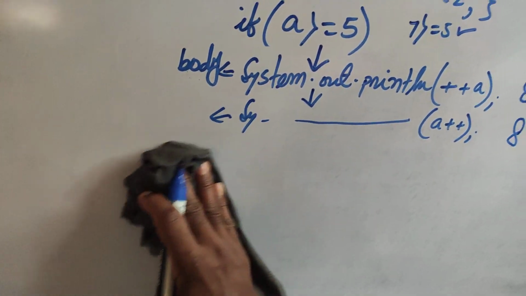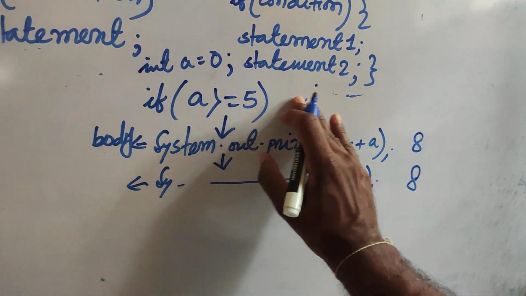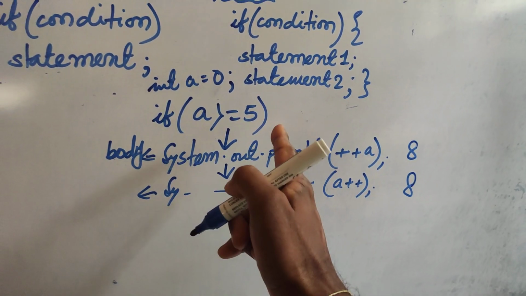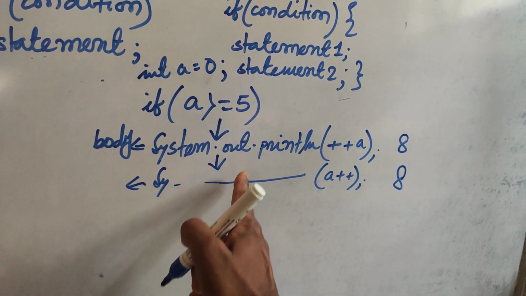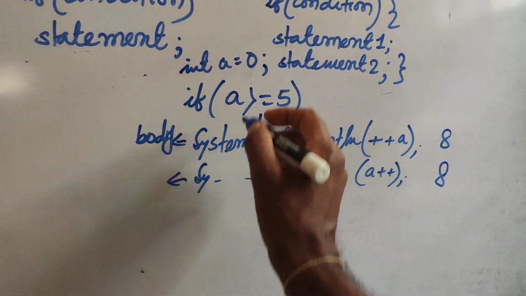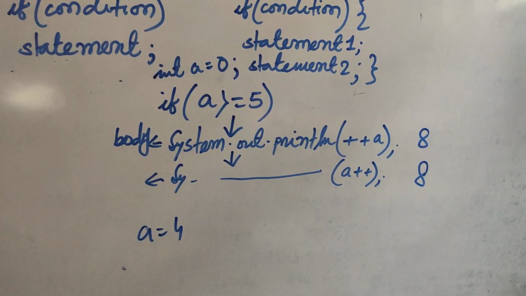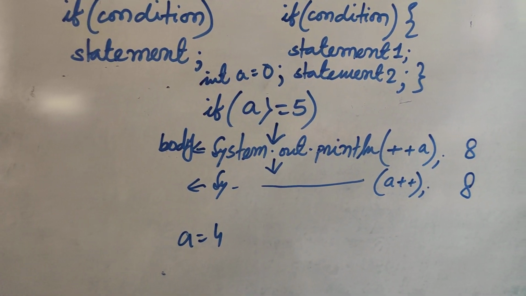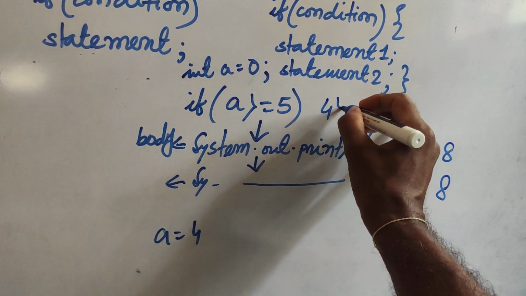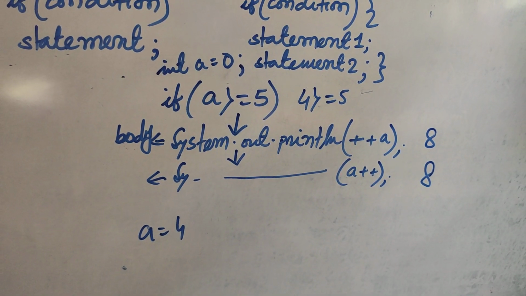Okay. Now, without braces, if I am not giving braces, this is the true part and this is both the true and false part. Now I am making it false. a equal to, suppose, 4. 4 greater than or equal to 5. False.